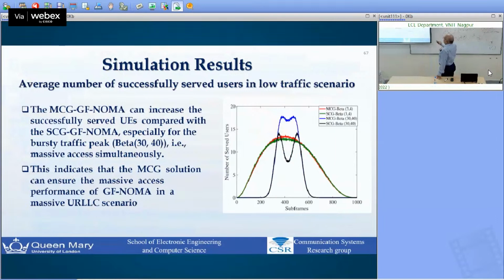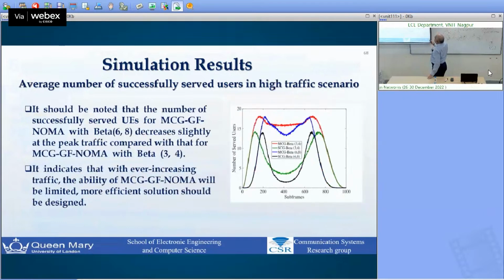Here the bursty traffic is very high. You can see it is too narrow, meaning bursty during a very short period of time. Here you can see it a little bit wider, the distribution 3, 4.